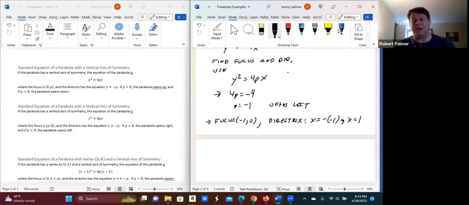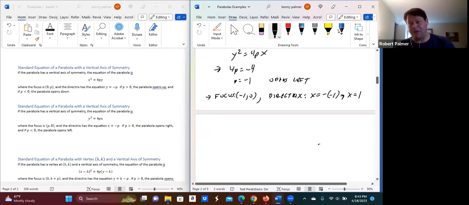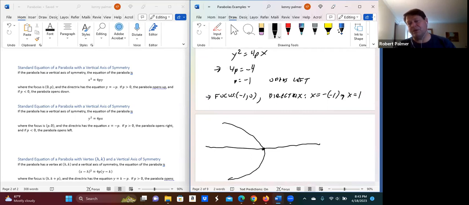I didn't write that, but it's the case because you plug in 0 for either x or y, and you get 0 for the other variable. Okay, so if we graph this, we have essentially an axis running this direction, and here at the origin is our vertex (0, 0). Our focus is going to be at (-1, 0), and then our directrix is going to be the line, in this case, x equals +1.